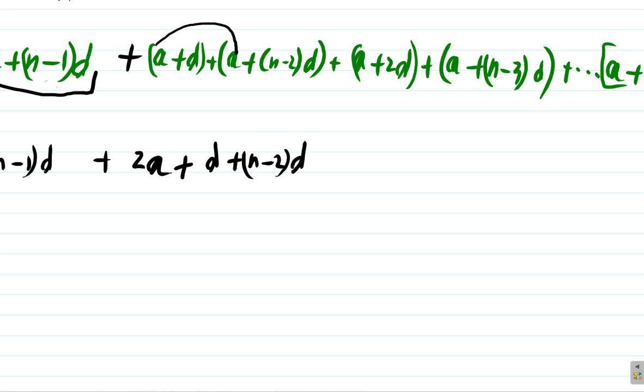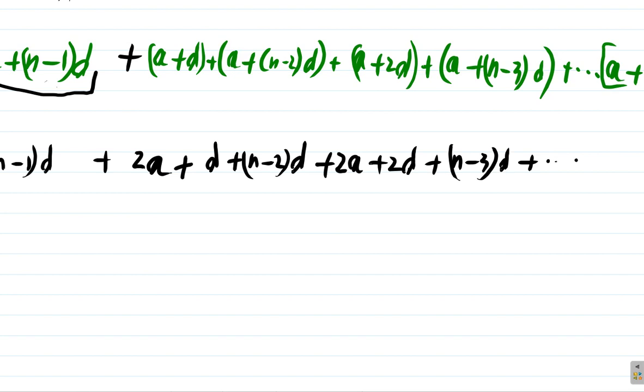Add the a and the a, and then the d with the n minus 2d. Plus, we add the two a's, which is 2a. So we have 2a plus 2d plus n minus 3d, plus, and we leave out some things.